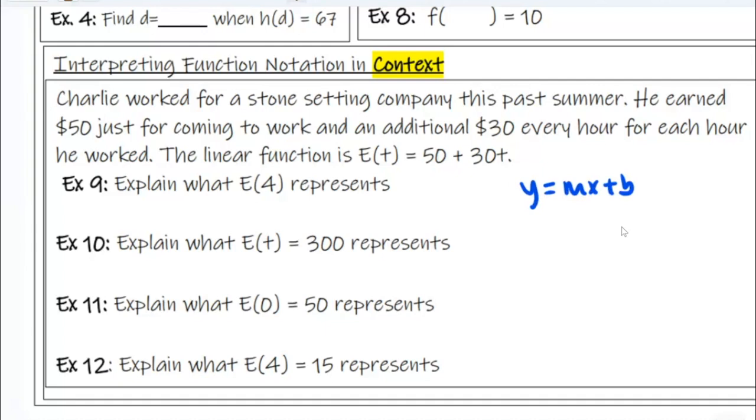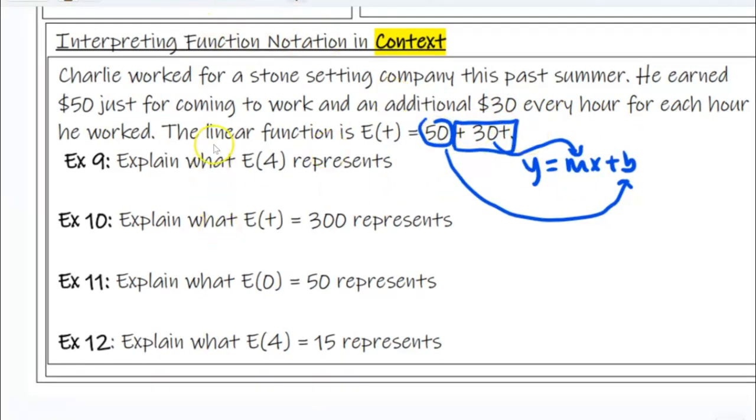The one attached to an x or to the variable is your m, and it doesn't matter what order they put it in. And then the one that's not attached is your y-intercept, where you start. So that does make sense because I get $50 for just coming to work. I start at my y-intercept, and then every hour I work, so every hour that passes, I earn $30, which makes complete sense.